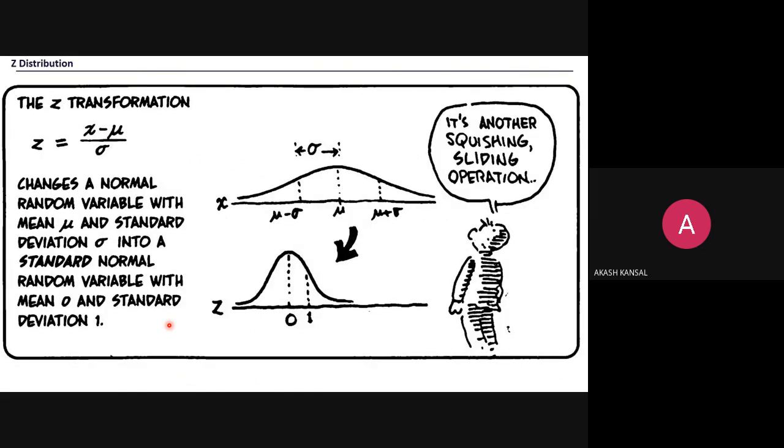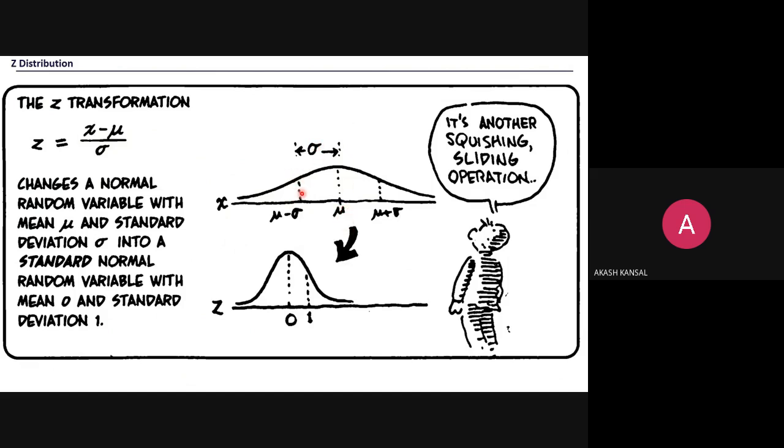Now let's move on to the Z transformation of any distribution. Let's say we have a distribution where the mean is mu and standard deviation is sigma. In that case, we define a variable called z, and z is equal to (x minus mu) divided by sigma. Say this is the probability distribution for x, having mean at mu, and sigma is the standard deviation.